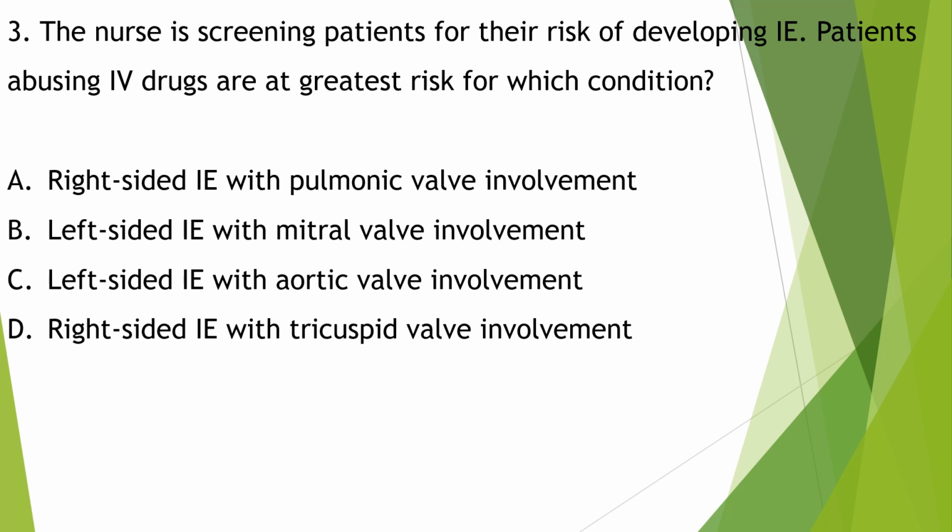Infective endocarditis is an infection of the innermost layer of the heart, most typically affecting the valves. Drugs are injected into the venous circulation. This results mostly in infective endocarditis. The first valve encountered is the tricuspid valve, and thus the common infection site will be right-sided IE with tricuspid valve involvement.